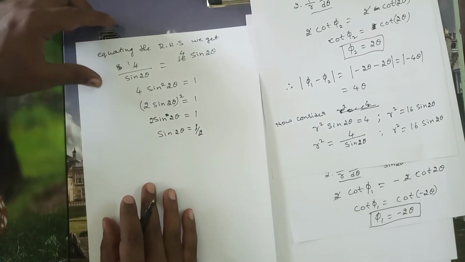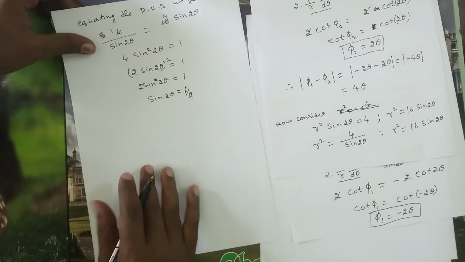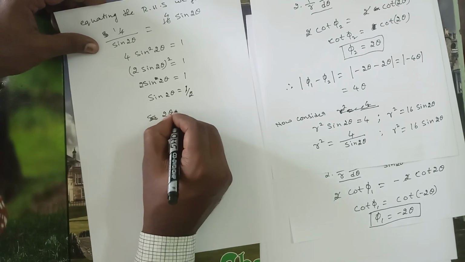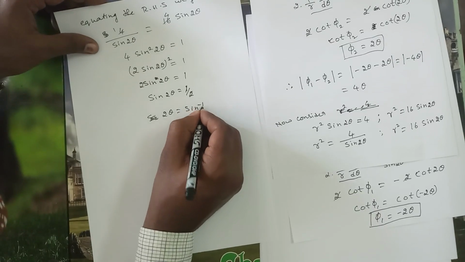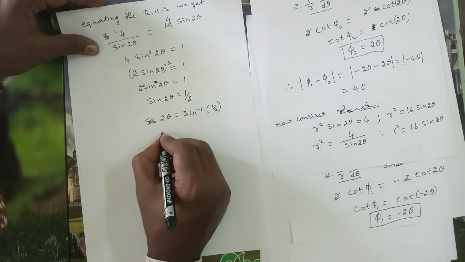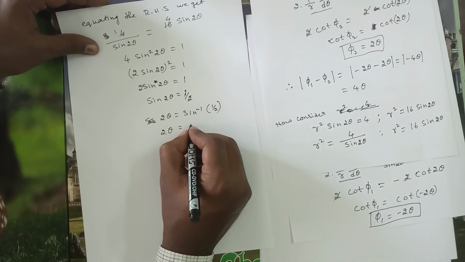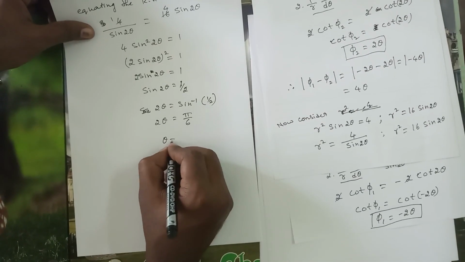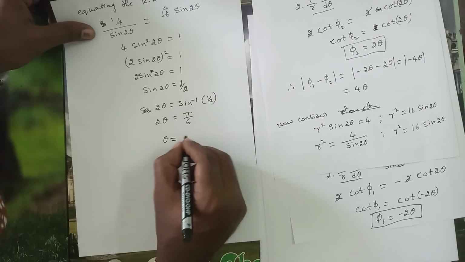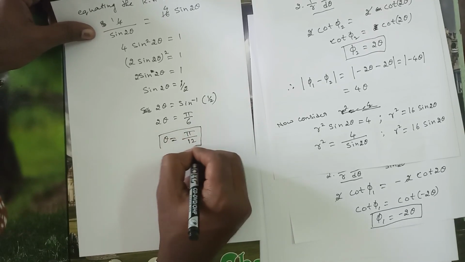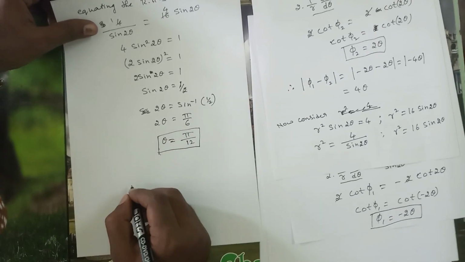So 2 theta is equal to sin inverse of 1 by 2, which is pi by 6. So theta is equal to, taking 2 to this side, pi by 12. So this is your theta value.